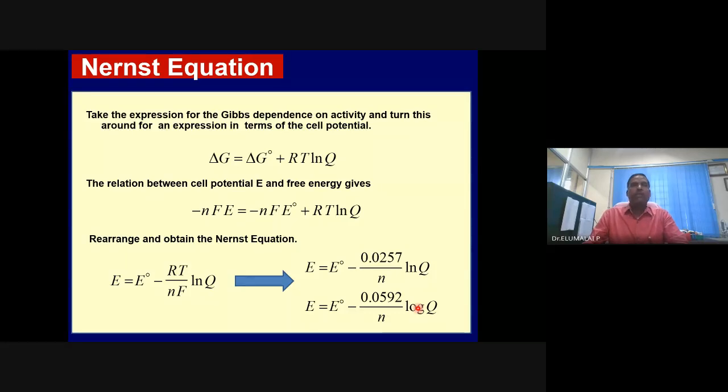which gives the cell potential at any condition, whether it is a lithium-ion battery or fuel cell or any other electrochemical device, or even a lambda sensor. What is a lambda sensor? It is used in automobiles as an air fuel ratio monitoring device or sensor.